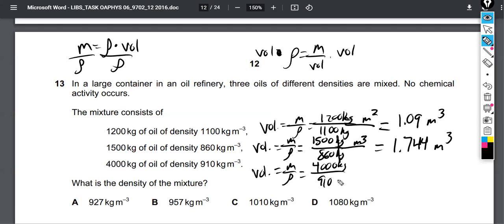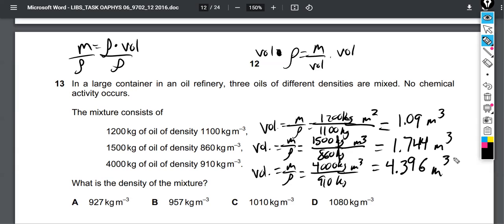Its density is 910 kilograms per cubic meter. I can figure out the cubic meters of this oil with another mental math calculation: 4,000 divided by 910. Students in class can see me typing buttons on my calculator, but YouTube believes that I'm doing this mentally. No, YouTube knows better. All right, so I have those total cubic meters of oil.